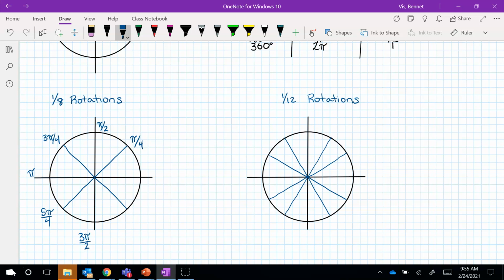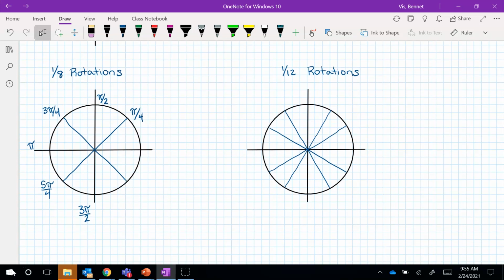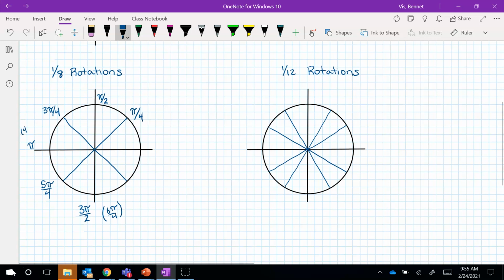It is 6 pi over 4, but this is my simplest fraction. Just like my pi is really 4 pi over 4, and I can think of pi over 2 as being 2 pi over 4, but we don't have those, because those are not my simplest forms.